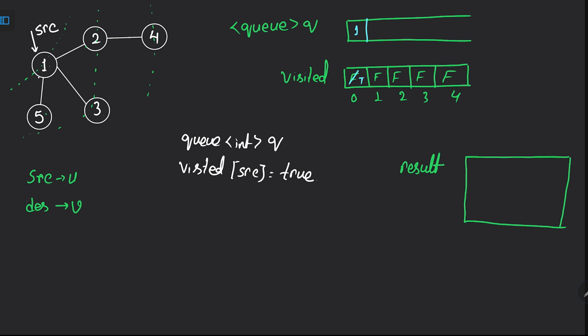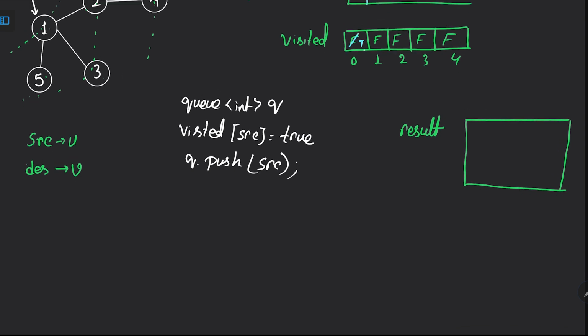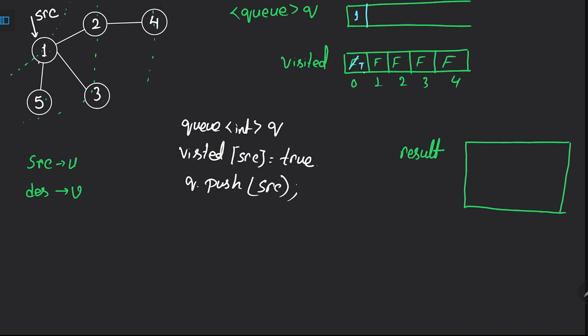Suppose this is our source node, so at the index 0 we keep this true, and after this in queue we will push the source node, and then we will use a while loop to check if the queue is empty or not.